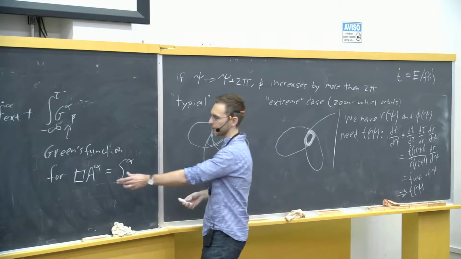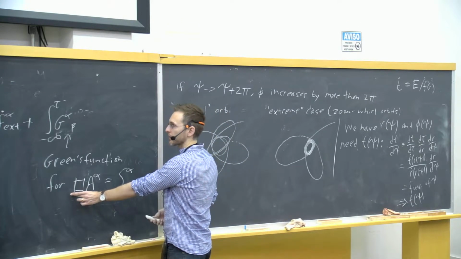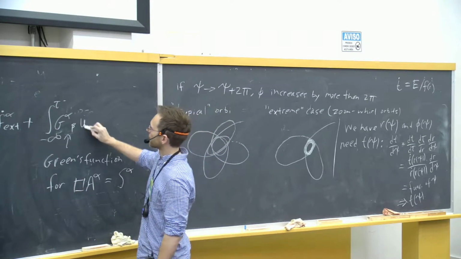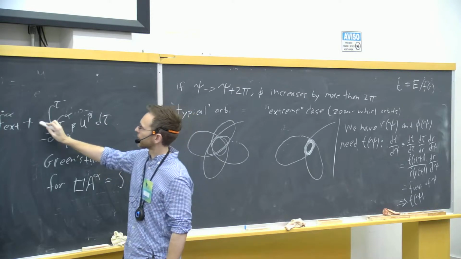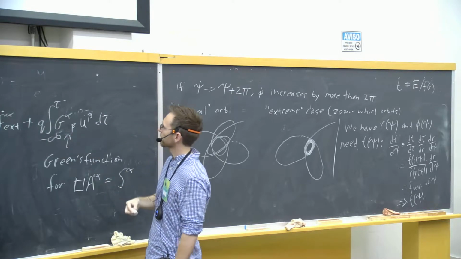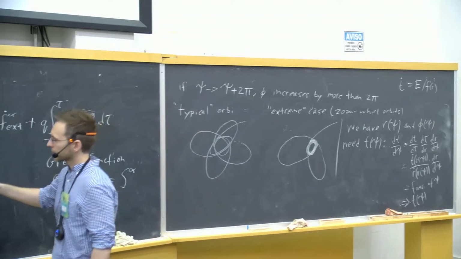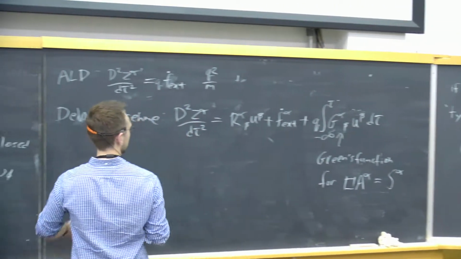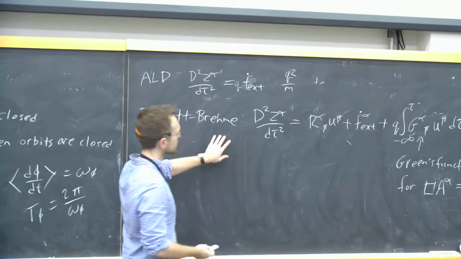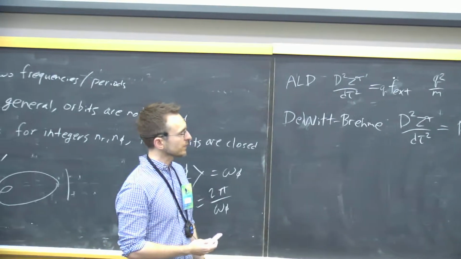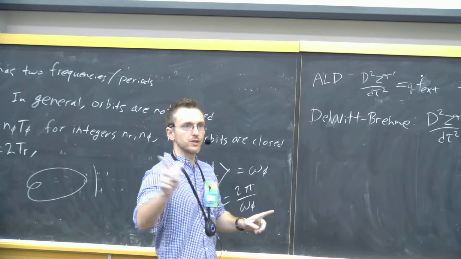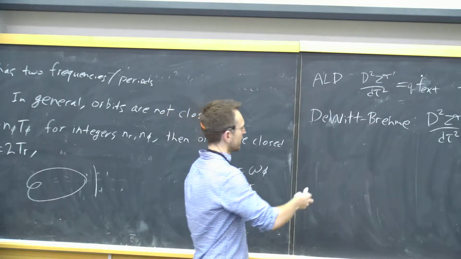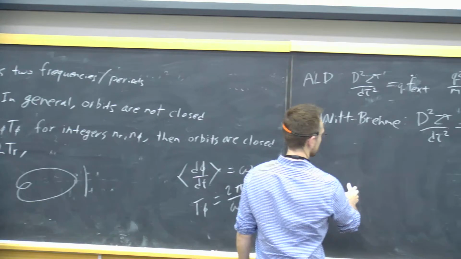You have a Green's function for this box operator, and in here you have u beta, an integral over time, and there's probably a q hanging around. And this is a consequence of the fact that in curved space, electromagnetic waves get scattered off of curvature. They don't follow just null geodesics of the space-time.